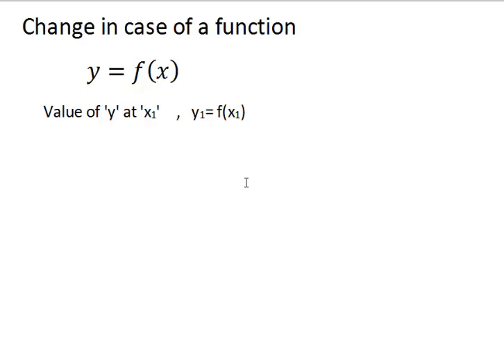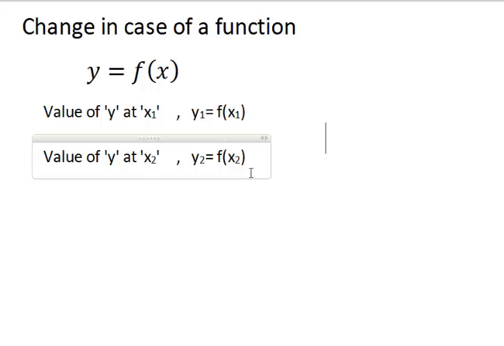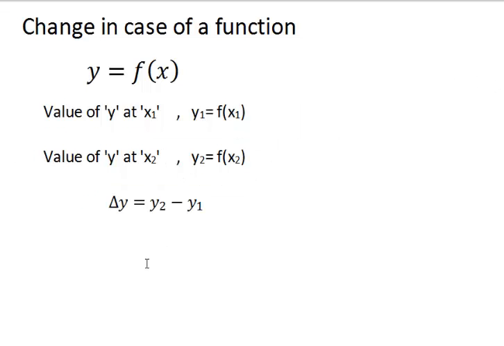Similarly, we can find out the value of y at x equal to x2 for some change in x. Now, you can see the value of y at x2, represented by y2, is f of x2. So our change in y as x goes from x1 to x2 will be y2 minus y1.